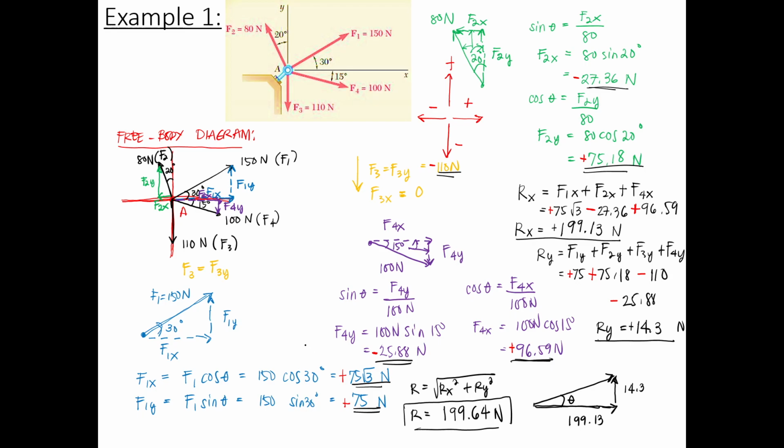So you can just follow through the discussion, or you can review this one later in the recording. So again, my tip here is you assign your operation sign, or the signs of your forces, whether positive or negative, according to the direction so that you won't be mistaken in adding up the resultant of the x component and the resultant of the y component later.